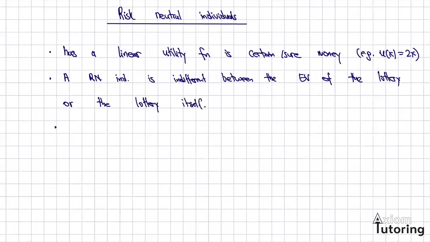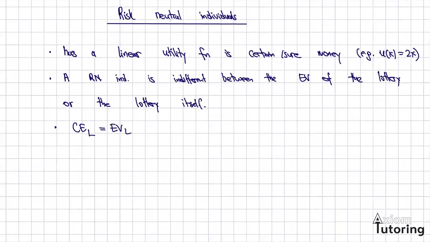Of course, as a corollary, all of these definitions are identical. If you think about the certainty equivalent, this will imply that the certainty equivalent of any lottery is equal to the expected value of that lottery. That's a risk-neutral individual.